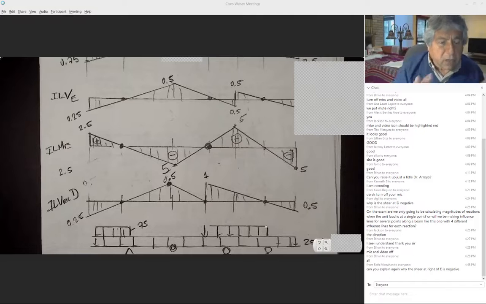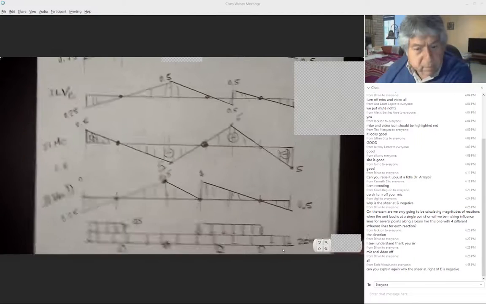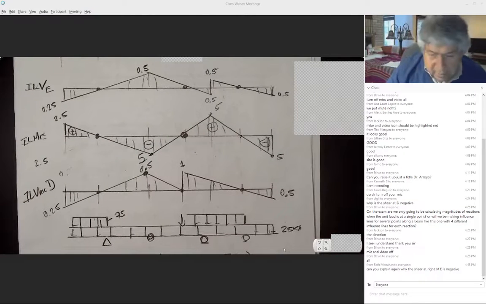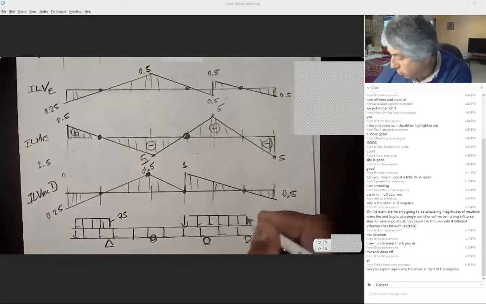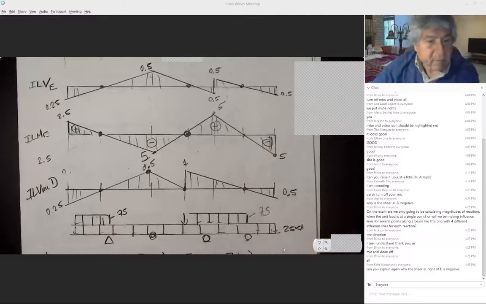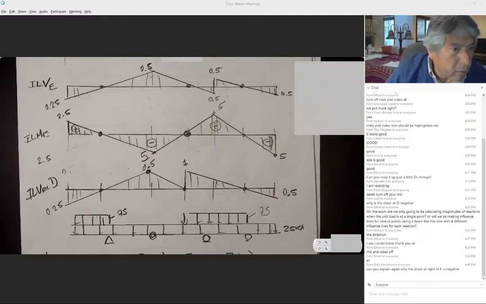So this is the way we're going to load this particular structure to produce the maximum positive moment at E. Like I said, dead load all over, and the live load, I forgot to put it here, 75, only wherever we have the positive.